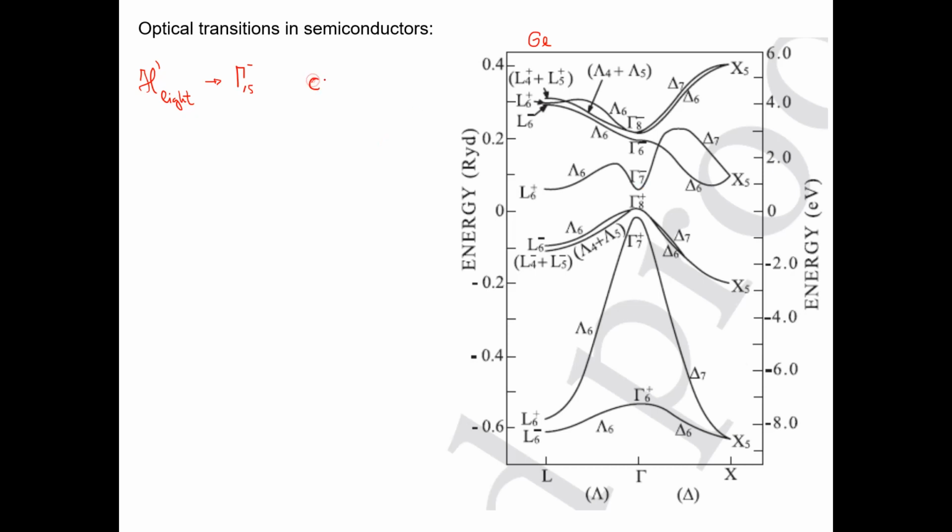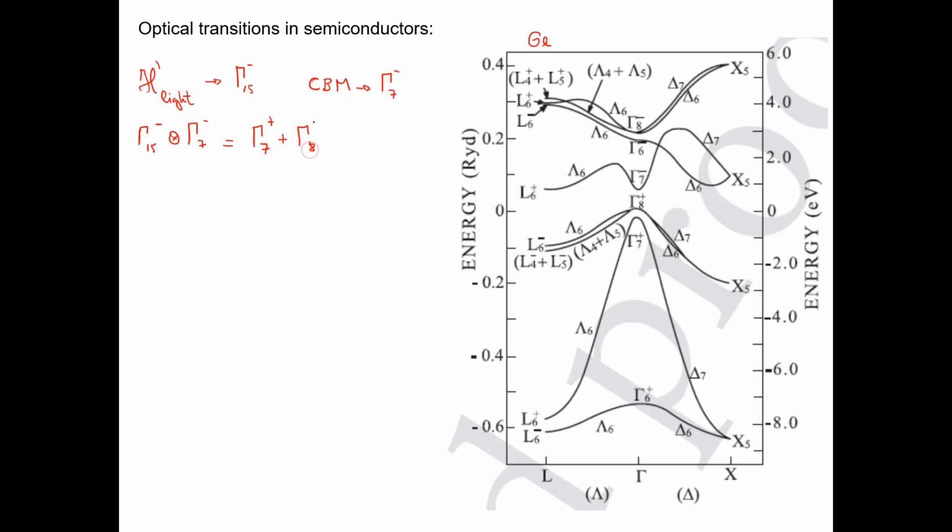The conduction band minimum, CBM, transforms like the gamma 7 minus representation. So we have to make the direct product of gamma 5 minus and gamma 7 minus, a double group representation, to see what levels can couple optically with the gamma 7 minus level. After you do this and decompose, this gives me gamma 7 plus and gamma 8 plus.